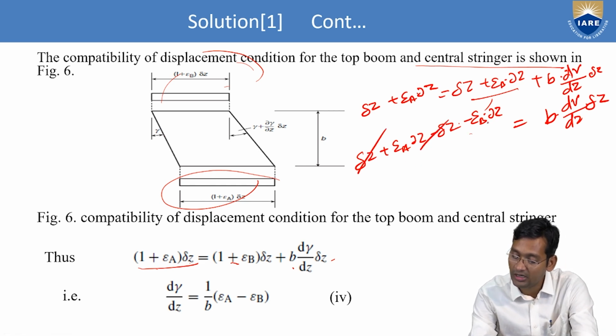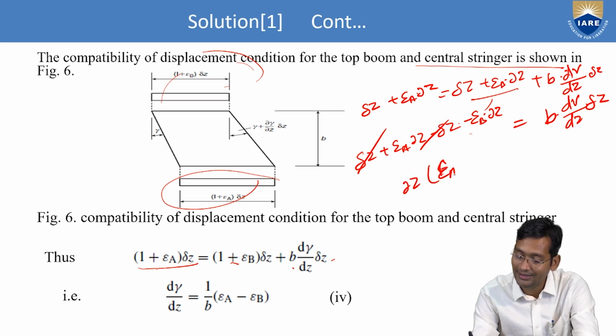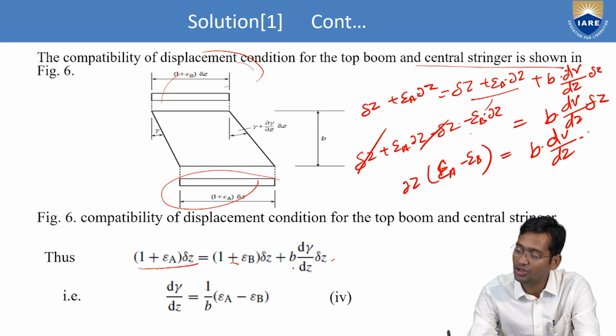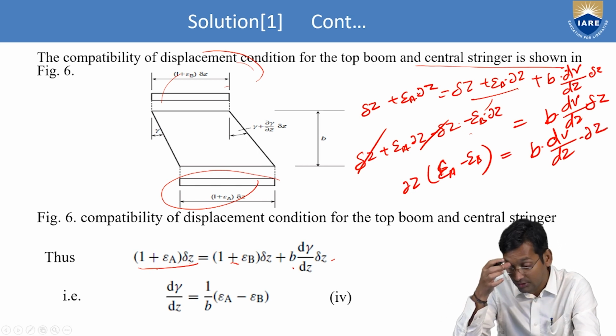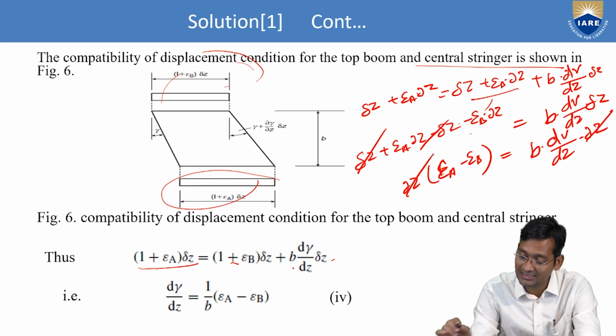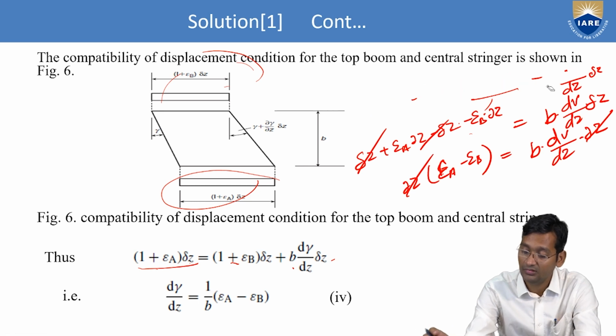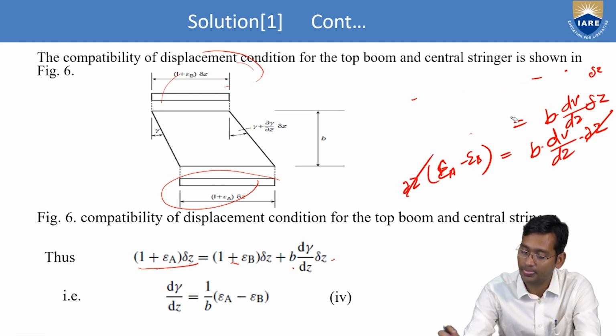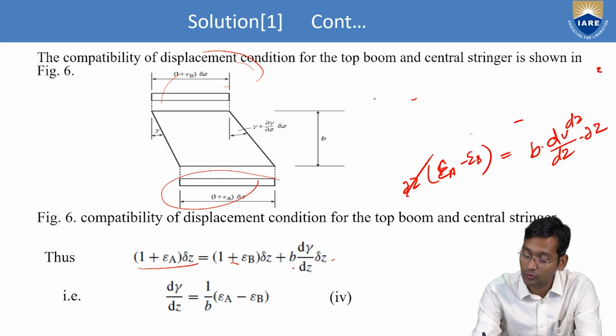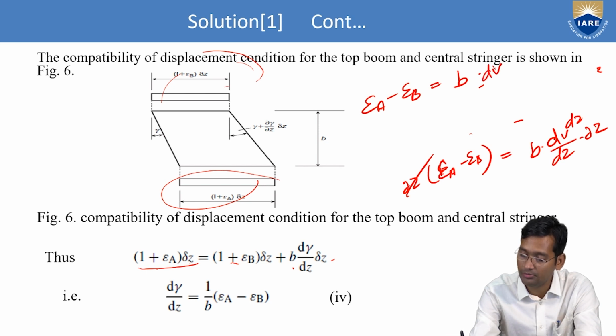We can take del Z common, so epsilon A minus epsilon B equals B into d gamma by dz into del Z. Now this del Z gets cancelled. Now what do we have? Epsilon A minus epsilon B equals B into d gamma by dz.